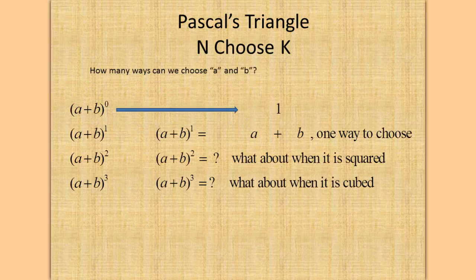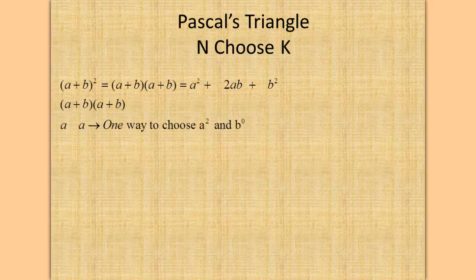So we have to investigate that. Let's look at that. A plus b squared is a plus b times a plus b. That comes out to be a squared plus 2ab plus b squared. How many ways can we get a squared and b to the 0?